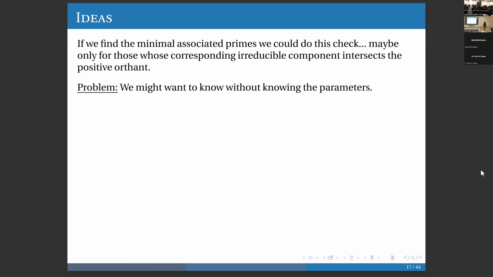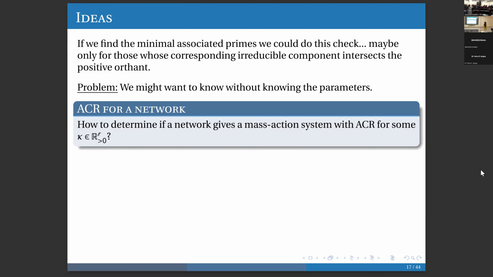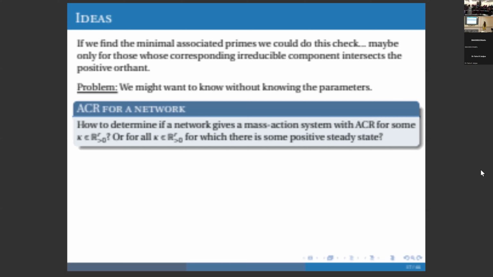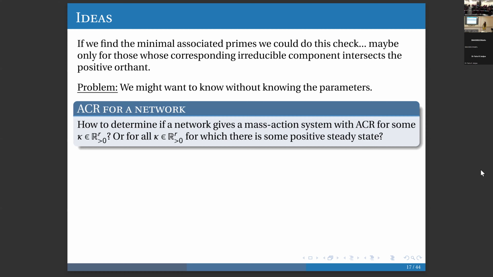The problem is we want to know this without knowing the parameters. So we should be able to compute the decomposition, finding the associated primes of polynomials which have parameters, maybe many parameters, maybe 301 parameters. So the question is, how can we determine this for all the cases, at least for all the cases that give some positive steady state?